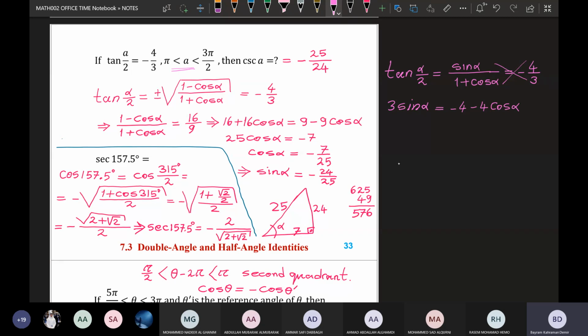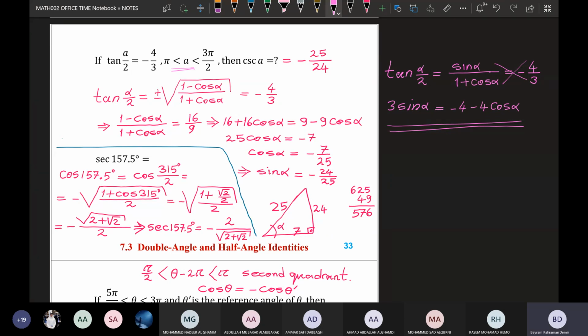So, Shabab, solving this equation is a little bit more challenging than solving this way: 1 minus cosine alpha divided by 1 plus cosine alpha equals 16 over 9. This is easier to solve for cosine alpha because you have only cosine alpha here.